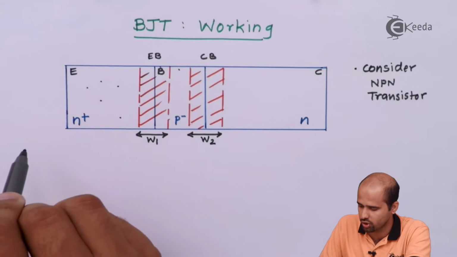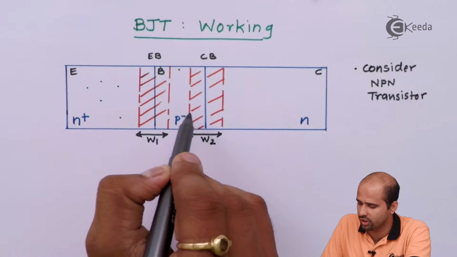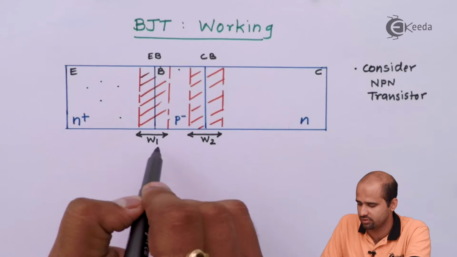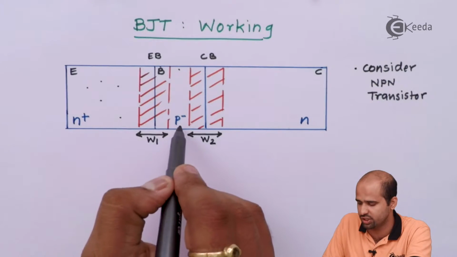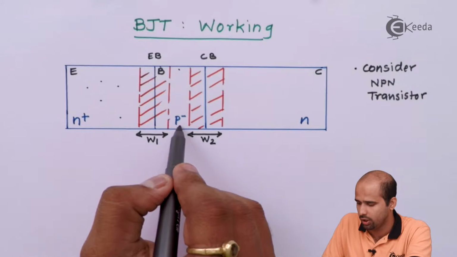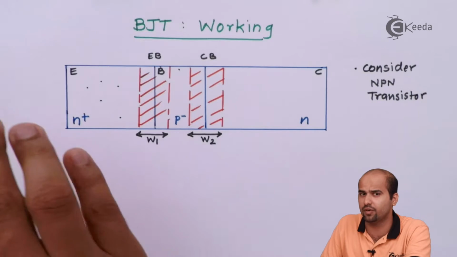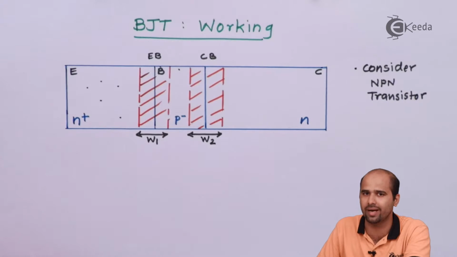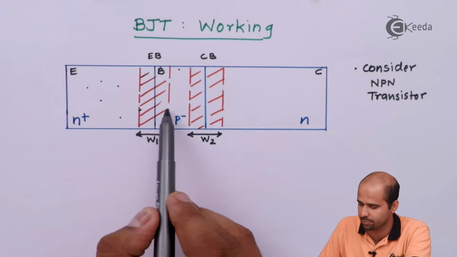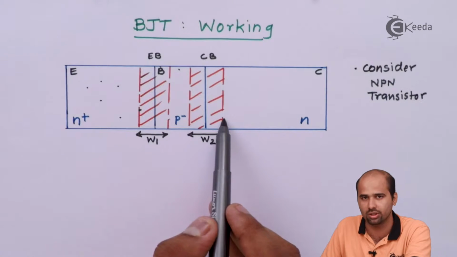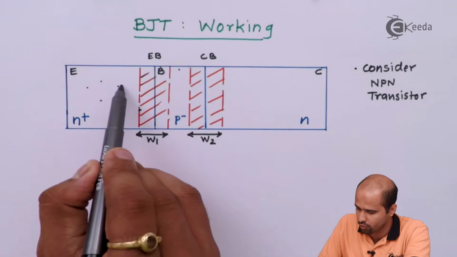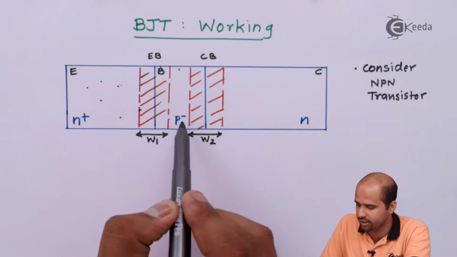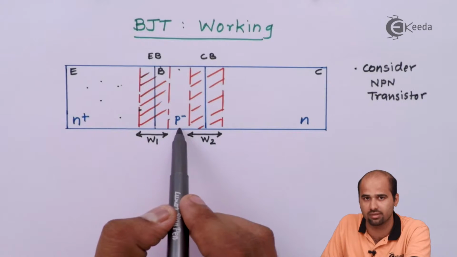As these electrons move towards the base of the BJT, which is a P region, if we have not yet connected any external bias potential, then what will happen? Before forming this particular junction, these electrons will try to enter this region of the base.